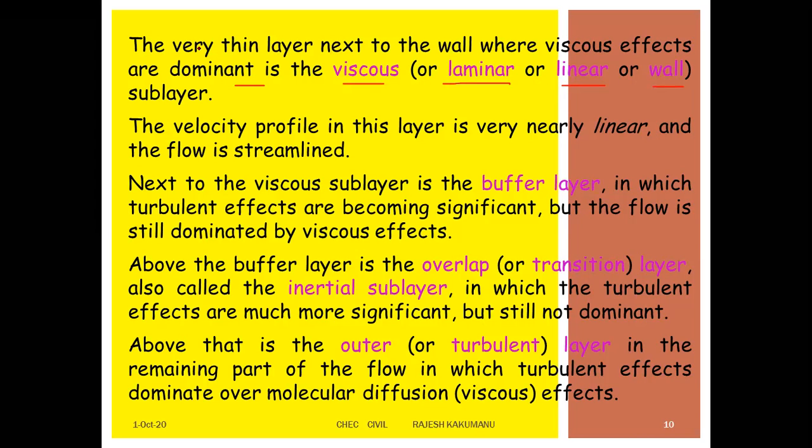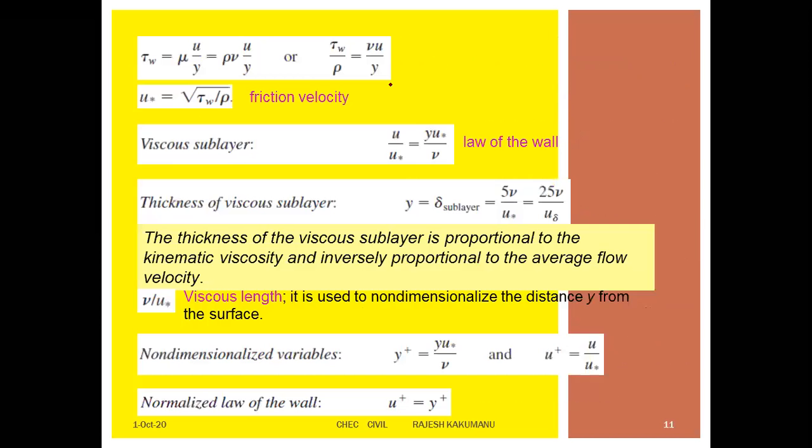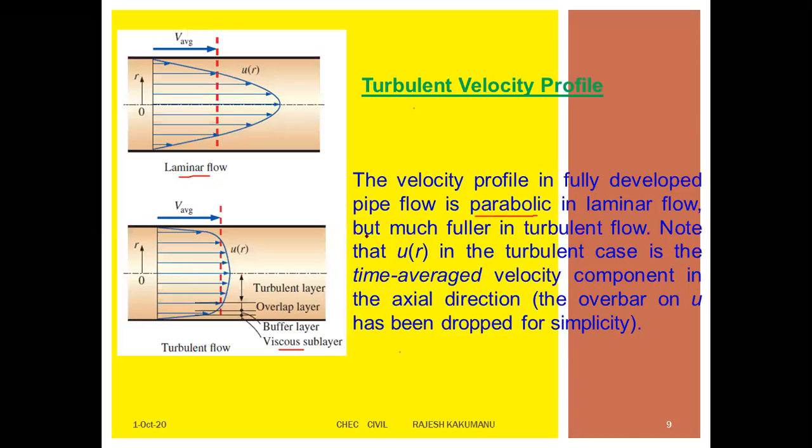So the very thin layer next to the wall where viscous effects are dominant is what you call the viscous layer. Here you can see the first one is the viscous layer, and the gap from here to here is the viscous layer.